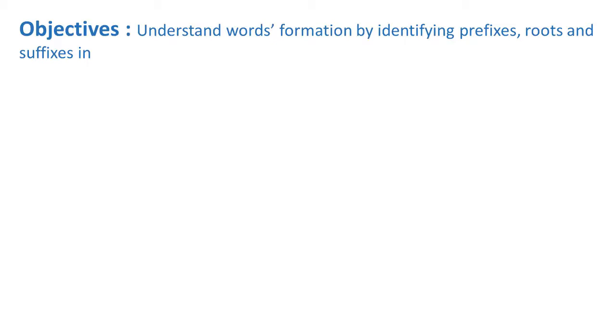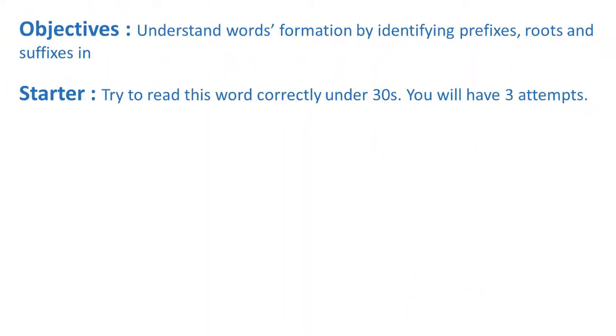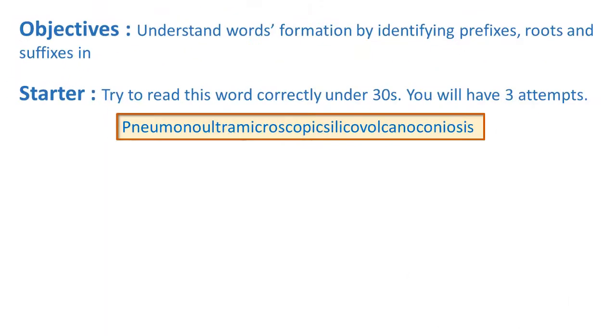As a starter, the child will be given a piece of paper with the long word as shown on the picture. The long word should be read: pneumono-ultramicroscopic silicovolcanoconiosis. The child will be given 3 attempts to pronounce the word.